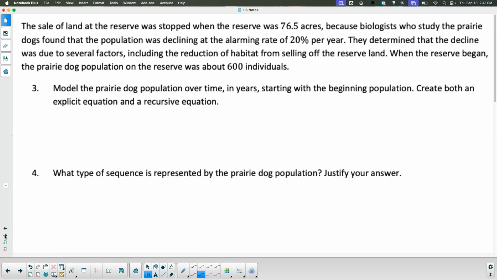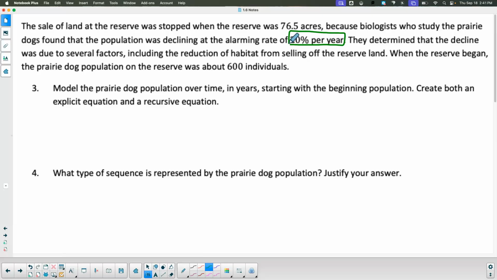Okay? So, it's declining now by 20%. What does that mean in terms of what kind of a sequence this is going to be? Geometric, because it's declining by a percentage, right? So it's going to be geometric because we're declining by a percentage. That's the answer to number 4.